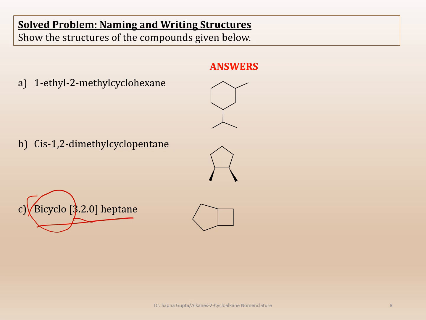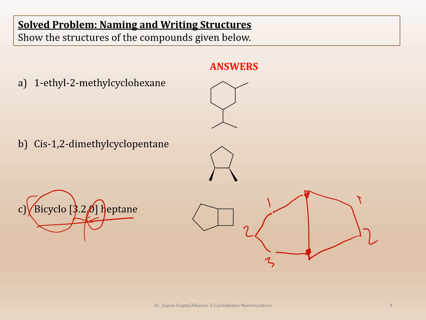I have this bridgehead and this bridgehead. So 2 bridgeheads always. Here I have 3 carbons, then 2 carbons, and then 0 carbons.